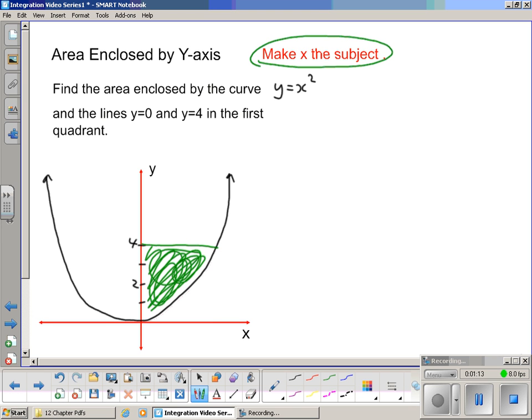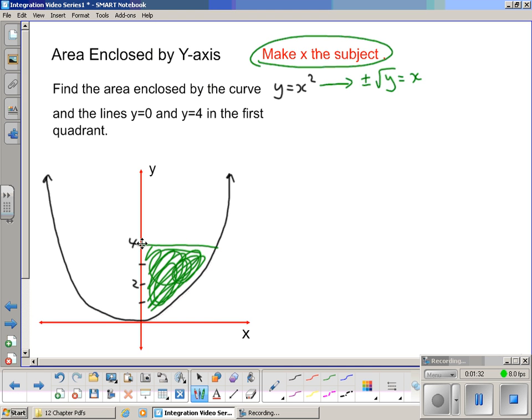So from y equals x squared, when we square root something that's had a square happening to it, if we square rooted both sides, we'd actually get plus or minus square root of y equaling x.